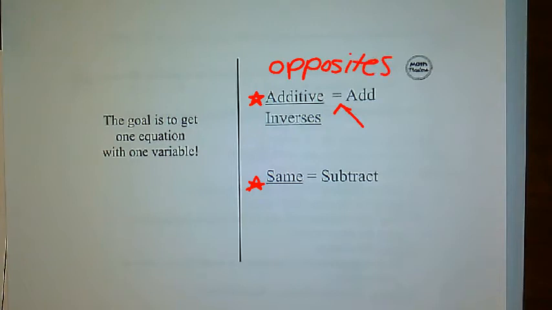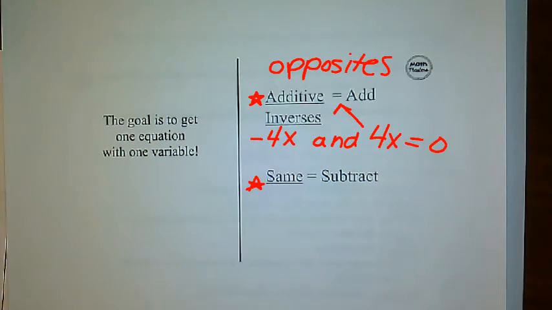So for example, if I had negative 4x and 4x, these are additive inverses because when I add them together, they equal 0. The same thing goes for subtraction.